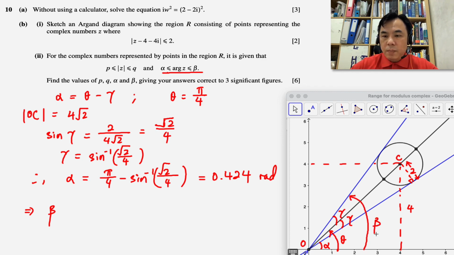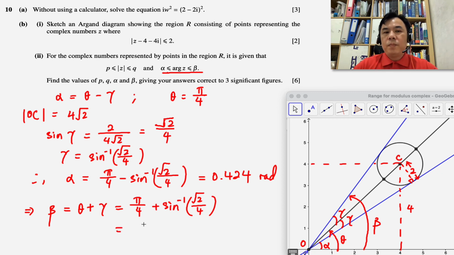To get beta, it's up to you: you can take alpha plus 2 gamma, or you can take theta plus gamma itself. So beta is theta plus gamma. We know that theta is pi over 4, and then we just need to add sine inverse of root 2 over 4. From there, we are good to go.